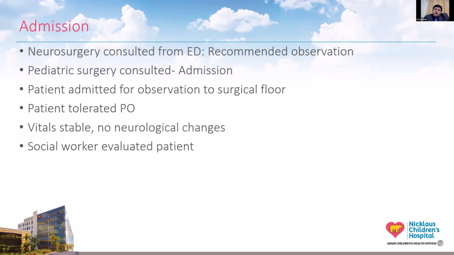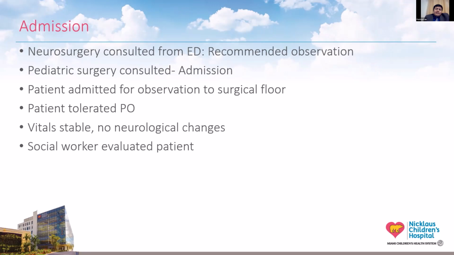We put her in our surgical floor. Our surgical floor, unfortunately, we get a lot of patients like this. So our surgical nurses are used to evaluating the patient. Patients like this tend to have a lower ratio of nursing per patient, meaning they can be more attentive and keep a closer eye on the child more often.